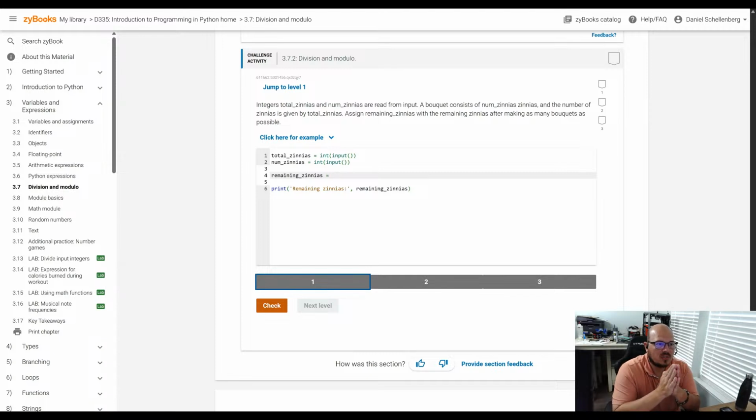Integers total zinnias and num zinnias are read from input. A bouquet consists of num zinnias, and the number of zinnias is given by total zinnias. Assign remaining zinnias with the remaining zinnias after making as many bouquets as possible.